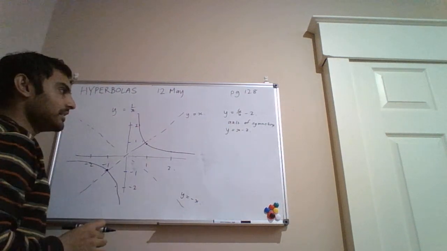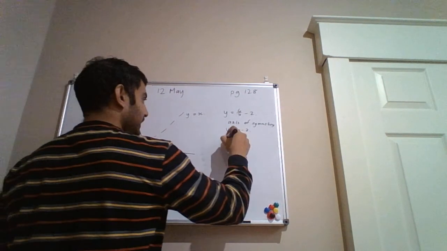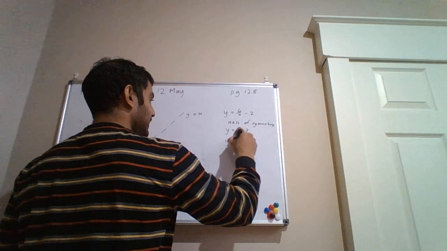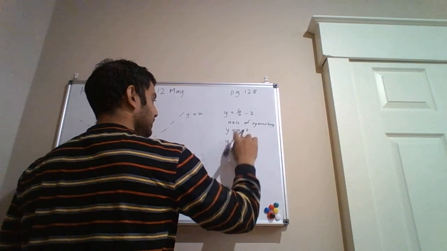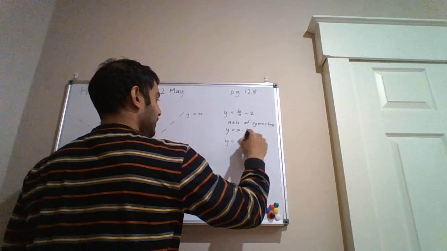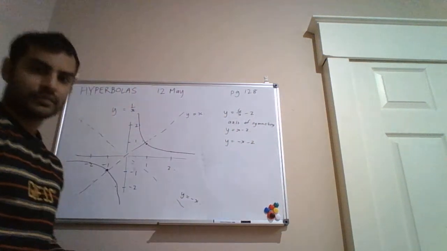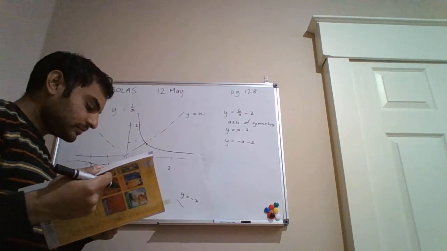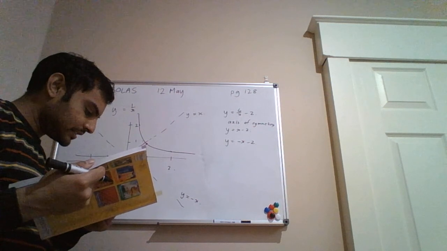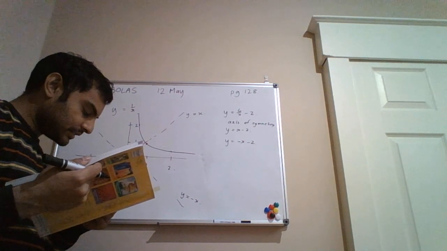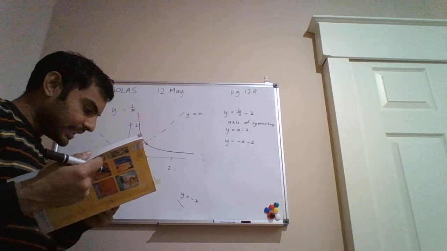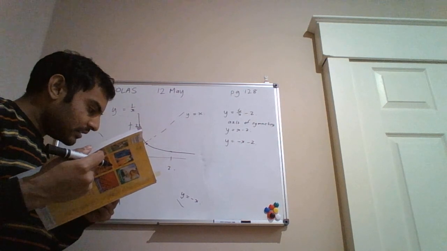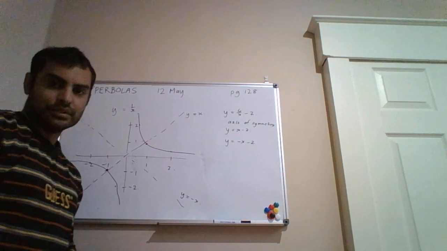And for the other graph, it's going to be y equals minus x minus 2. Let's just double check that. Symmetry y equals x minus 2, y equals minus x minus 2.